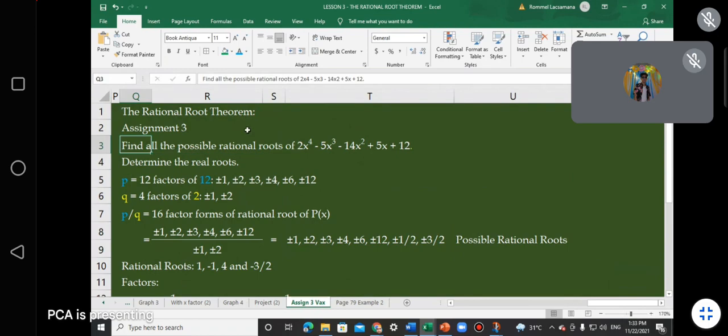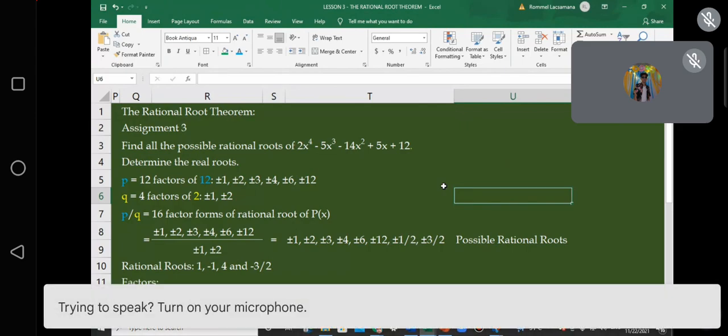Find all possible rational roots of this polynomial, and then, of course, the real roots should be determined. If up to now you are confused on how to determine the P and Q of this polynomial, you have a problem.